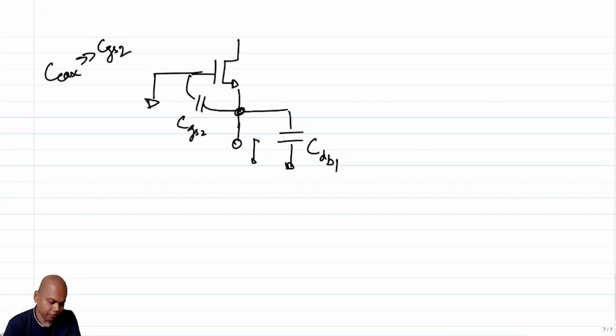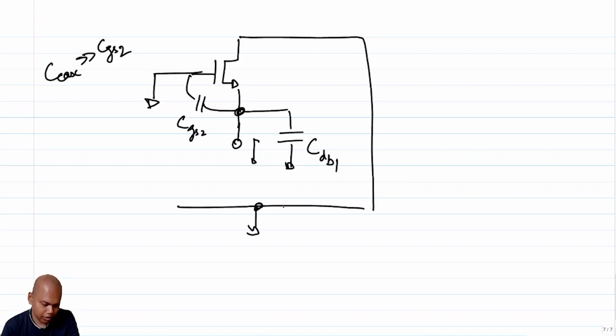Looking down, you are looking into the drain of the MOSFET M1. To keep things simple, let's assume this is ground, this is open circuit, and I am interested in finding out what is the effective short circuit current.